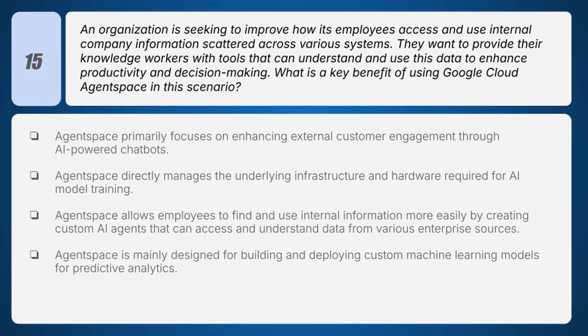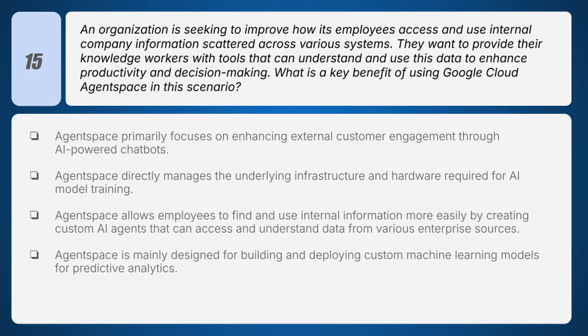An organization is seeking to improve how its employees access and use internal company information scattered across various systems. They want to provide their knowledge workers with tools that can understand and use this data to enhance productivity and decision-making. What is a key benefit of using Google Cloud Agent Space in this scenario? A. Agent Space primarily focuses on enhancing external customer engagement through AI-powered chatbots.